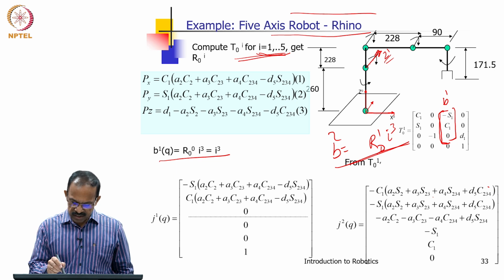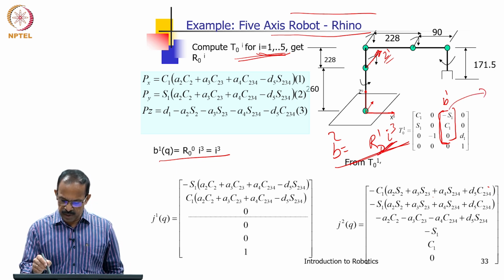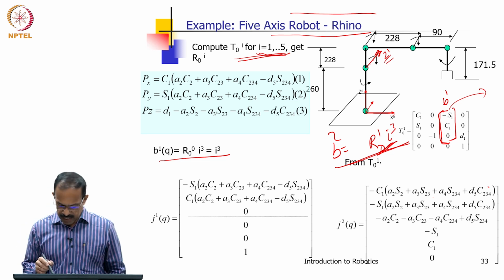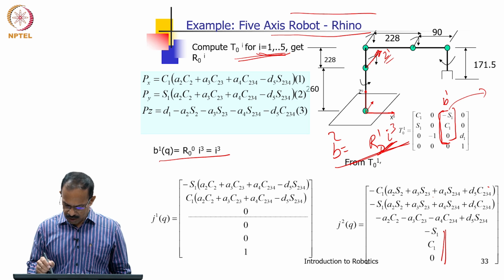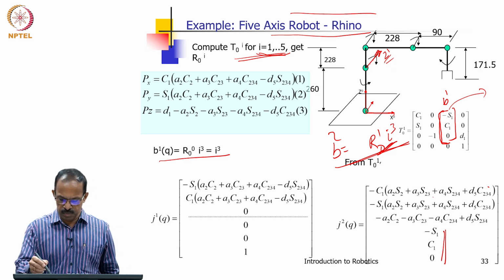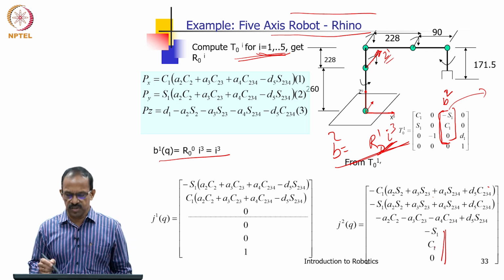By doing this multiplication, we extract it out. So, B2 is minus S1 C1 0.